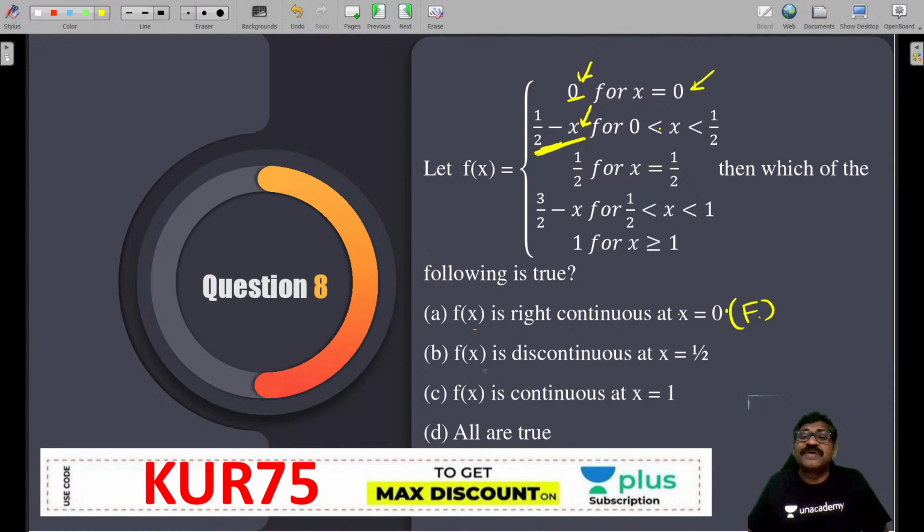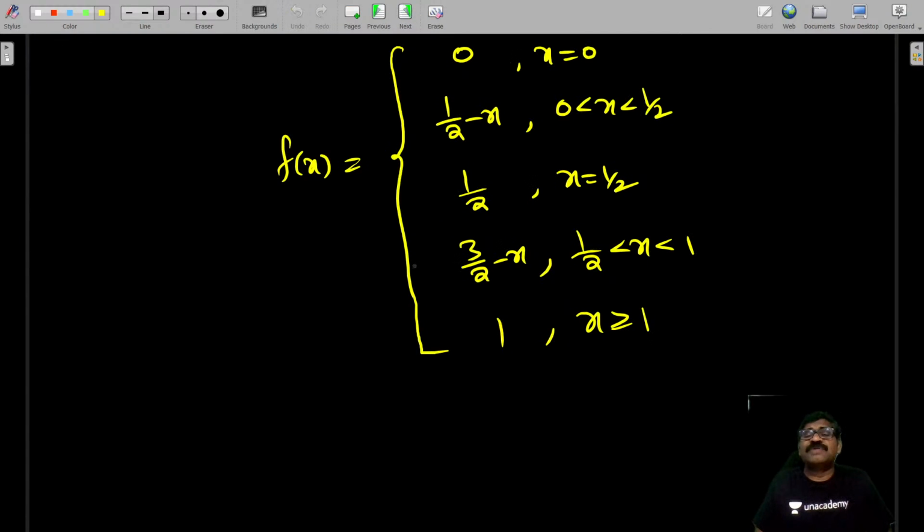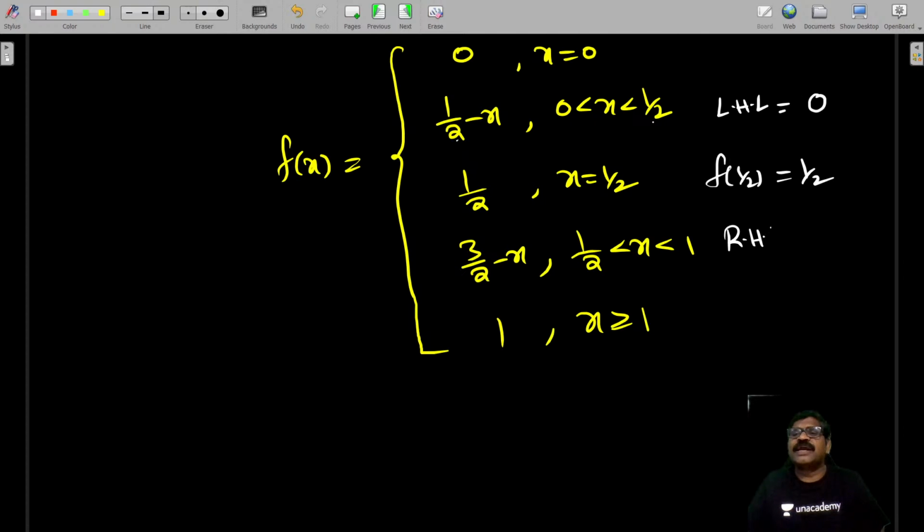Next, f of x is discontinuous at x equal to 1 by 2. I am examining whether the function is continuous or not at x equal to 1 by 2. Observe. At x equal to 1 by 2, left hand limit at 1 by 2 is 1 by 2 minus 1 by 2, 0. Functional value at 1 by 2 is 1 by 2. Right hand limit at 1 by 2 is 3 by 2 minus 1 by 2, that is 2 by 2, 1.